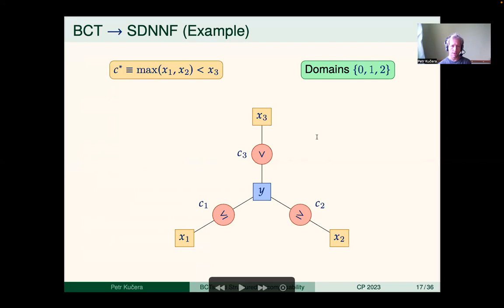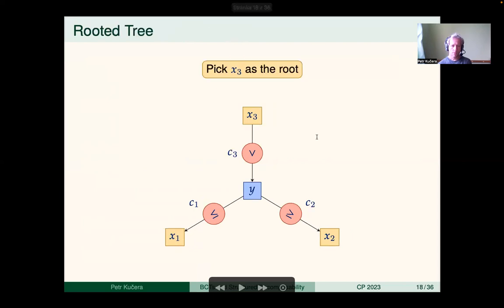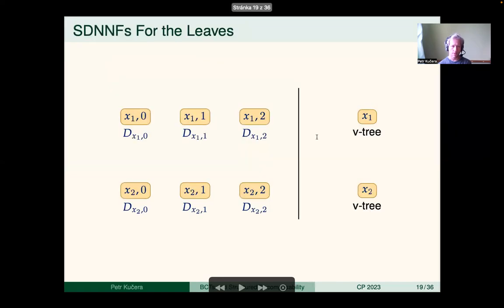The domains of all variables are 0, 1, and 2. So the first step is to pick a root. We pick X3 as the root and direct all the edges away from the root. Then we construct SDNNFs for the leaves, in this case for X1 and X2. And on the way, we are also constructing the V-trees.